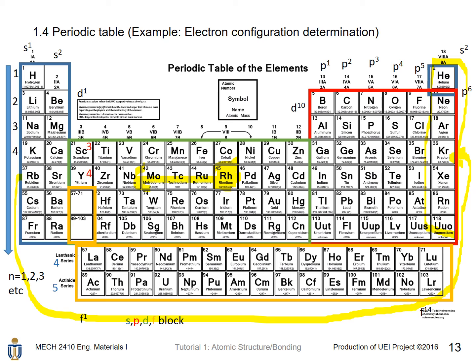For noble gases, their valence shells are fully occupied by electrons. And using the blocks here, you can find the electron configurations.